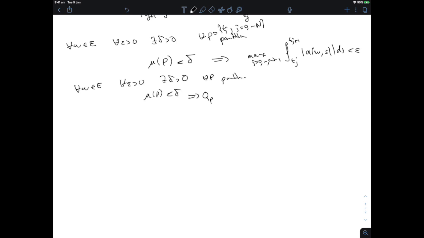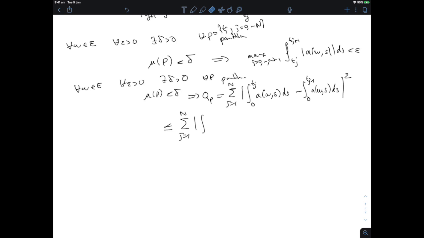Q_P, what is Q_P? It is the sum for j equal 1 to n of the integral from 0 to t_j of a(ω, s) ds minus the integral from 0 to t_{j-1} of a(ω, s) ds, and then you square that. But that is equal to the sum for j equal 1 to n of the integral from t_{j-1} to t_j of a(ω, s) ds, squared.